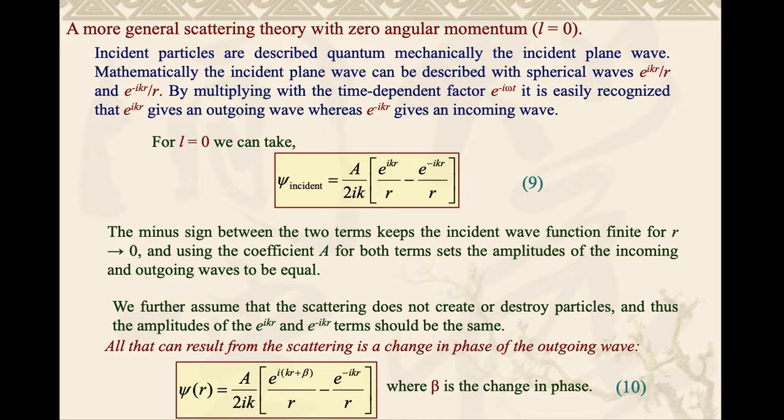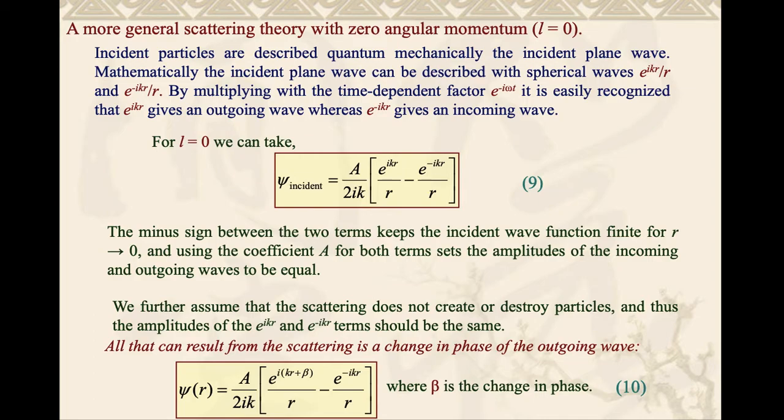In the previous class, we mentioned that when the energy of incident nucleons, or the projectiles or incident particles, is very much less than 20 MeV, you can consider it as scattering with L equal to 0.